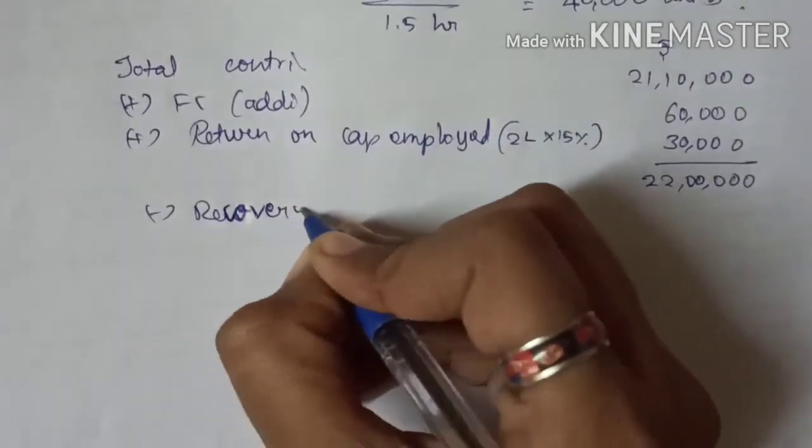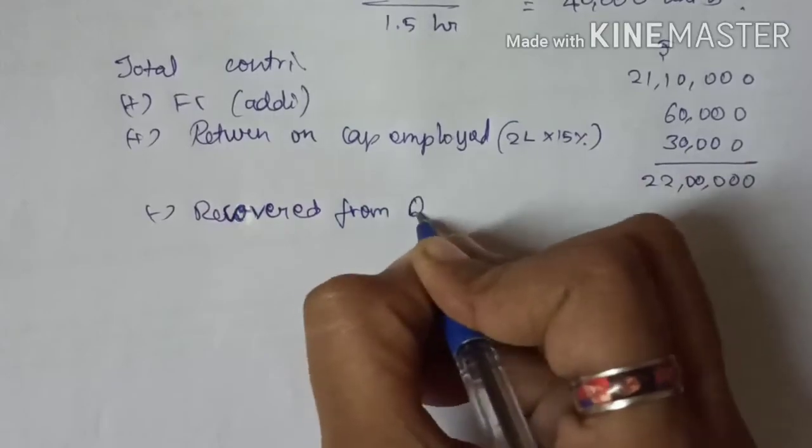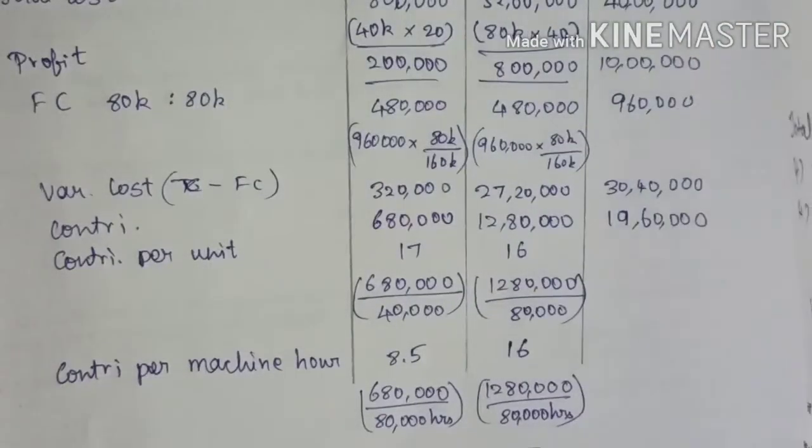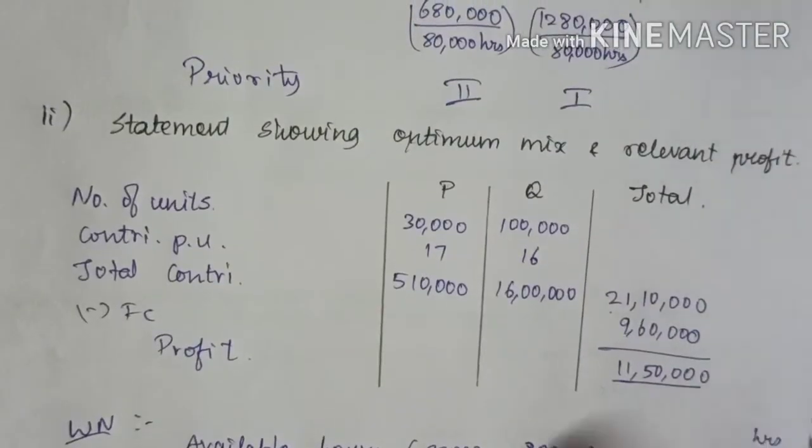Then recovered from Q is, see here, we have recovered 16 lakhs.